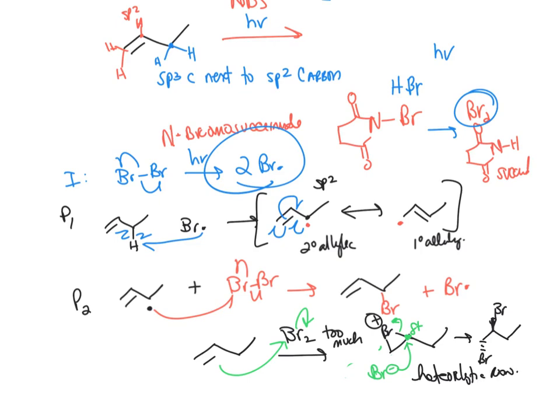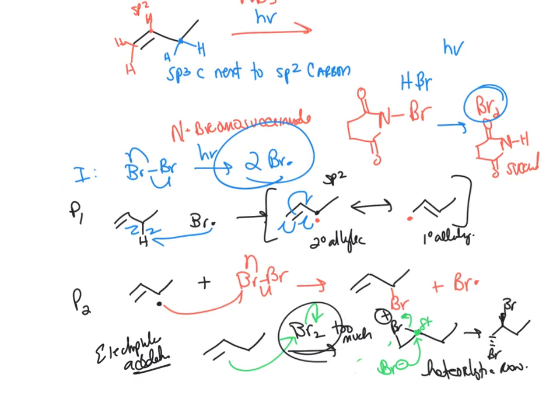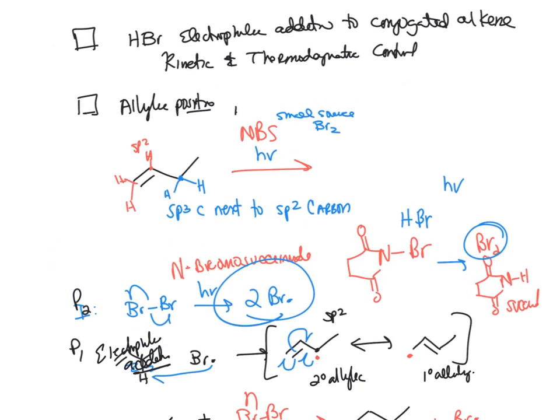So this is a heterolytic reaction, and electrophilic addition will happen in the presence of lots of Br2. Okay, so by using NBS, you're keeping the Br2 concentration down low, and then that gives you allylic bromination. Okay, but so you need to start using the allylic systems as starting material.